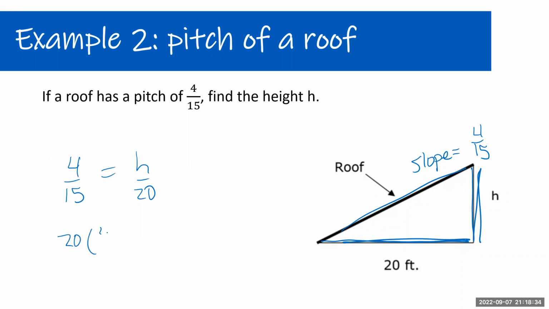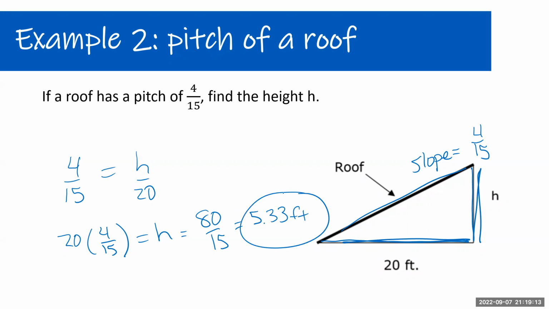So 20 times 4/15. I would certainly do that in your calculator. That's going to give you h. And so if we are careful here, we will plug that into our calculator. I'm going to get 80 out of 15, which is going to give us, if we want it in decimals, 5.33 roughly feet.